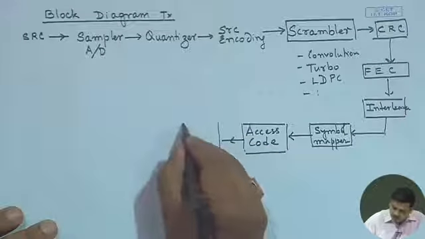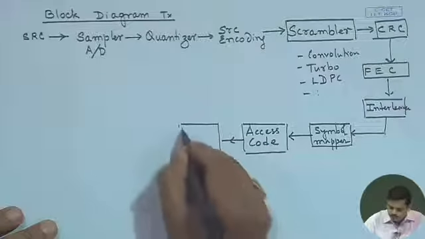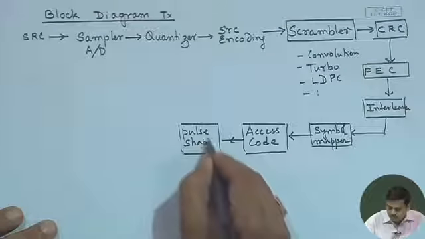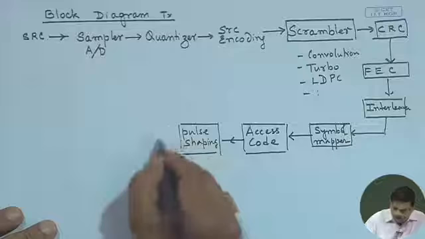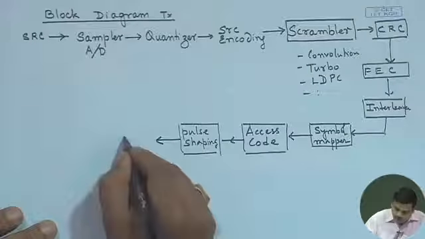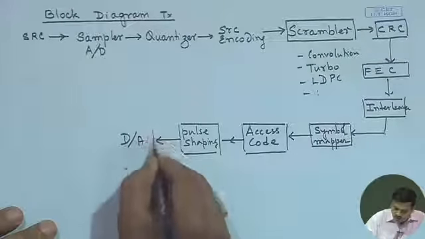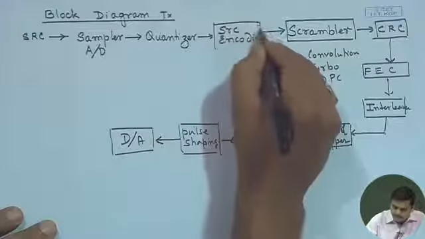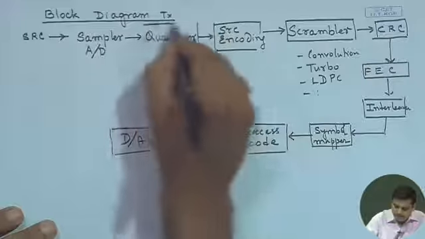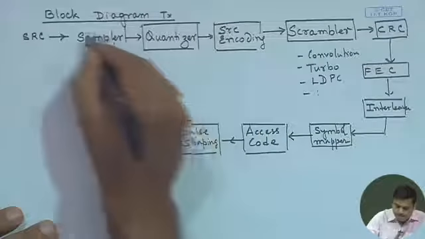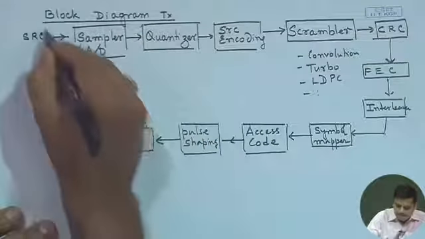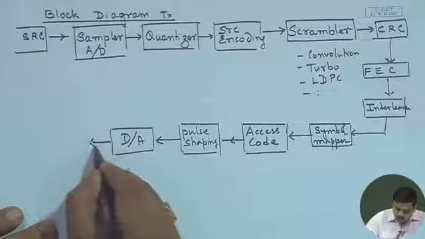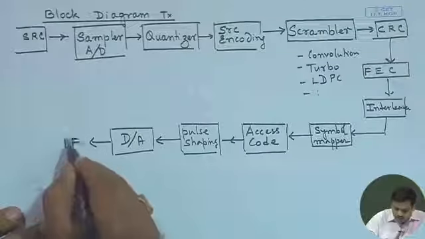Then you have the pulse shaping. Once you have the pulse shaping, you would feed it to a digital to analog converter. From the digital to analog converter, you will have the RF section.